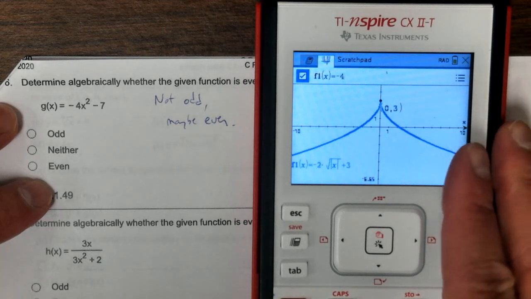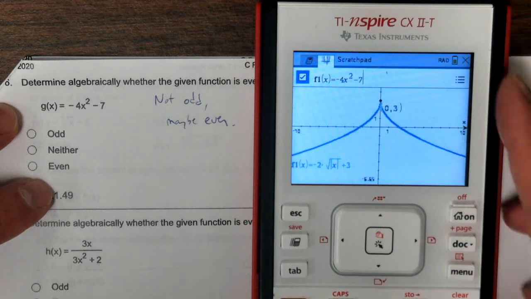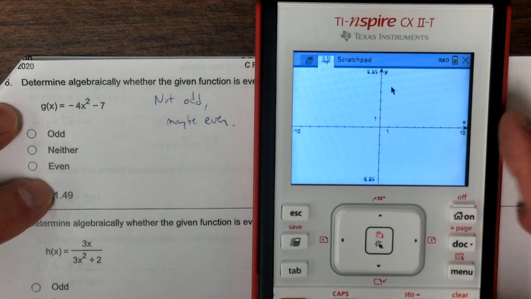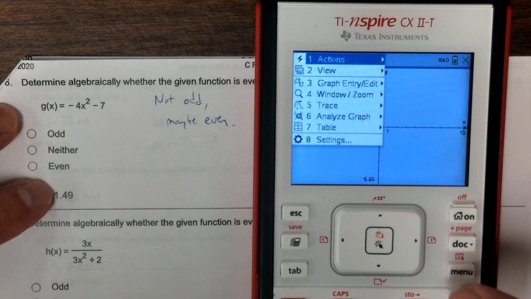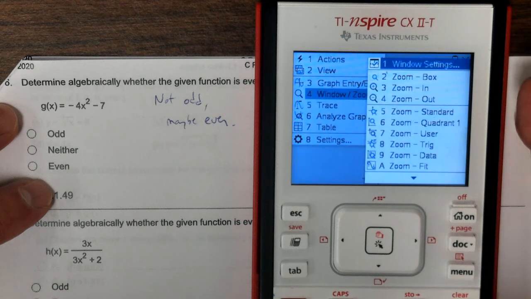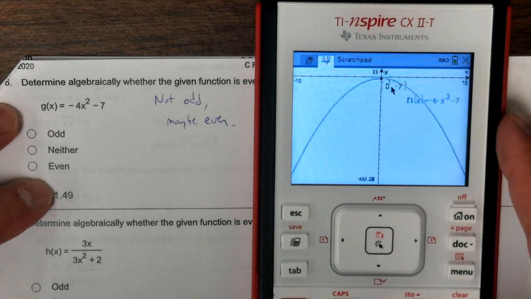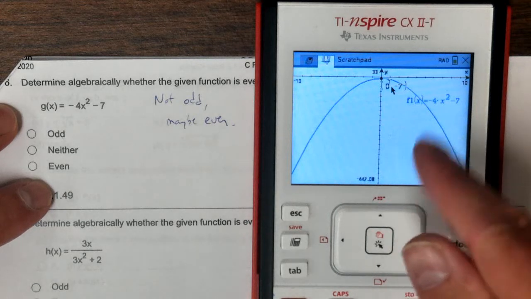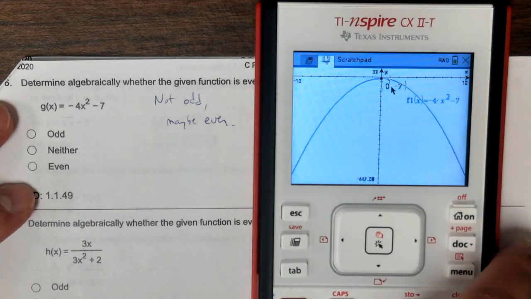Negative 4x squared minus 7. Menu, window, A. Okay, so that's symmetric to the y-axis.